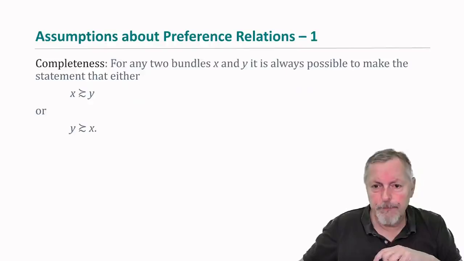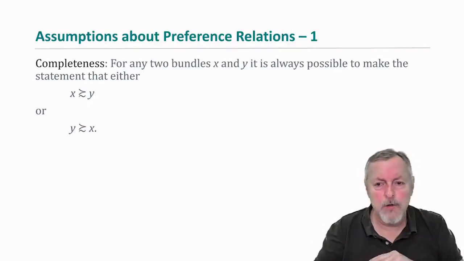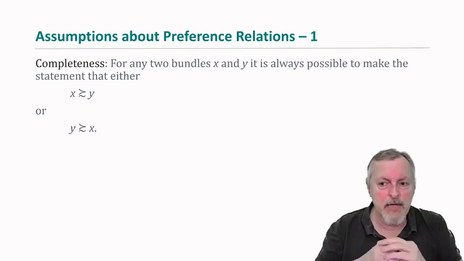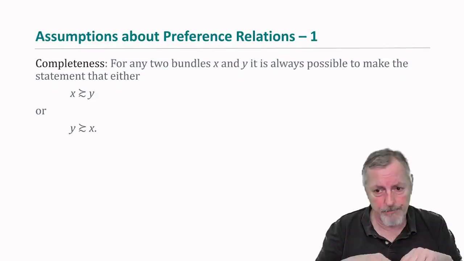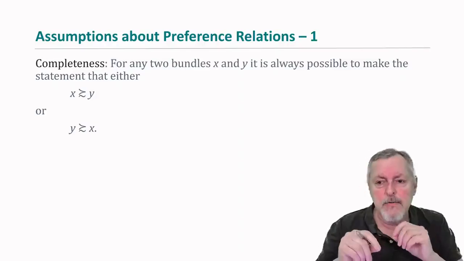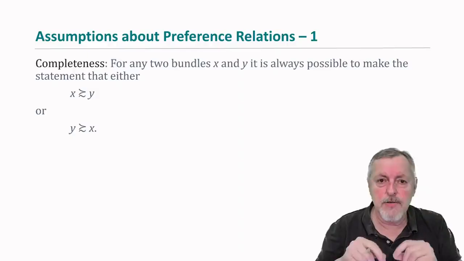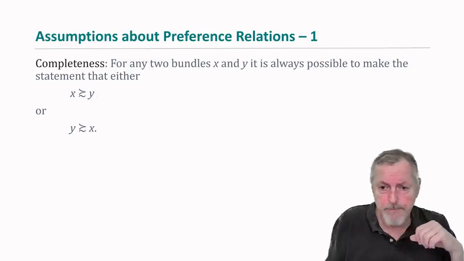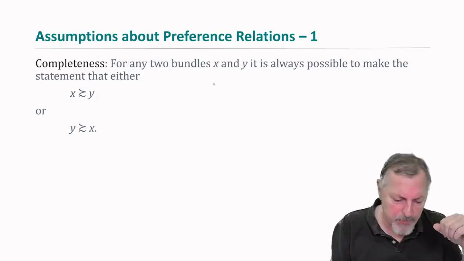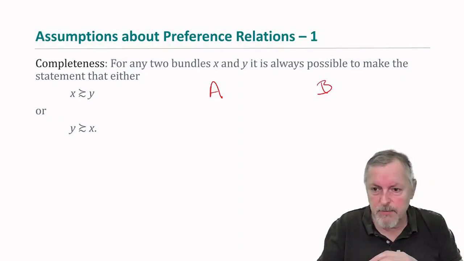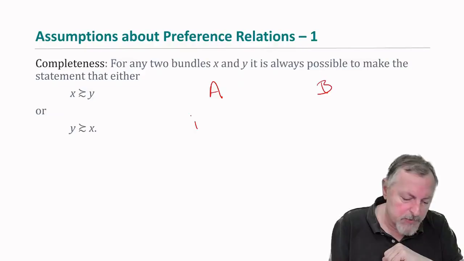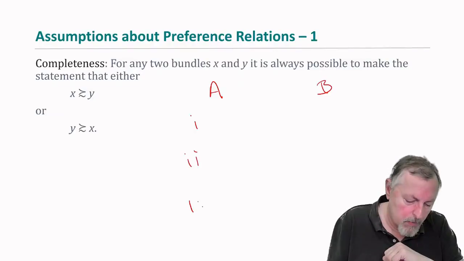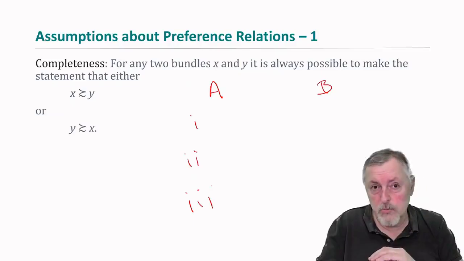Here we go. Preference relations are complete. That means any two bundles can be compared. Preferences are complete if the consumer can always rank any two baskets of goods. Let's look at A and B. Here is basket A. Here is basket B. One of these must be true.